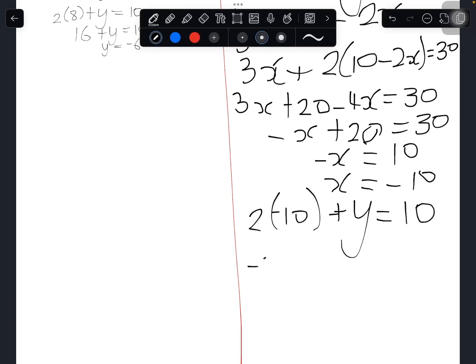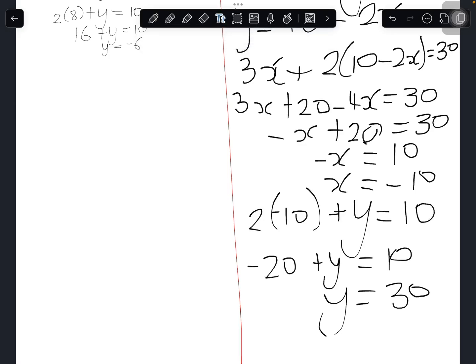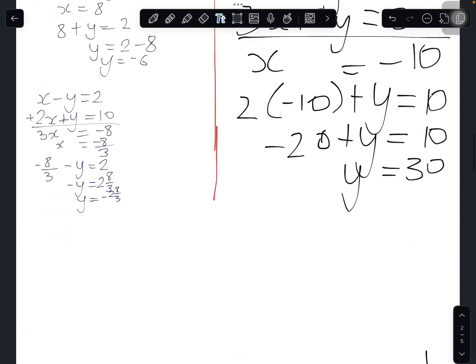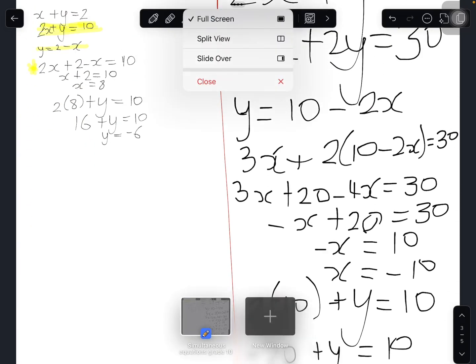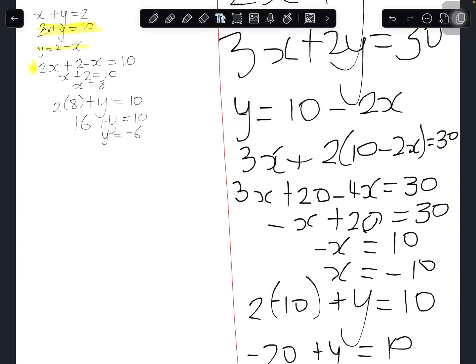So I'll have minus 20 plus y equals 10, and then y equals 30. If you go and look, you'll see that the answers are the same. So you're going to get the right answer either way. Whichever way you prefer, you can use that way.